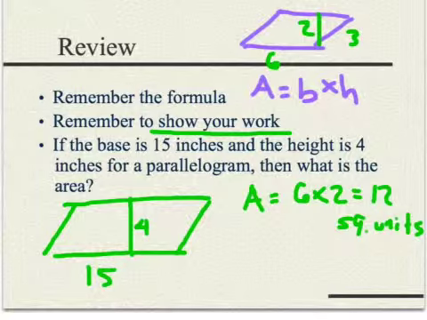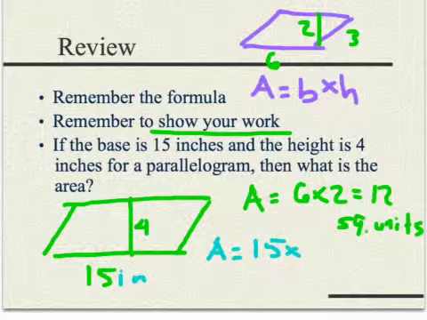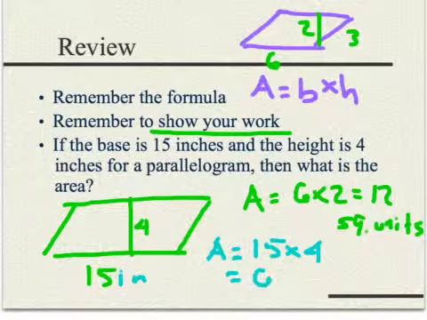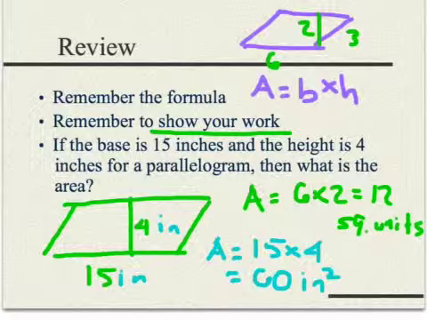In that case, I'll use a different color here. Area is equal to 15, and these are inches now, times 4, which equals 60. And then lastly, don't lose points on the label. It would be 60 what? Square inches. And you can write it out that way. So that's your area for parallelograms.